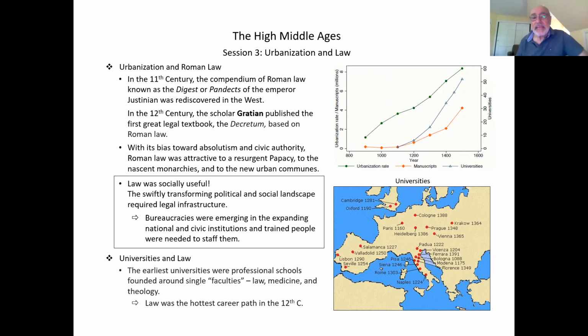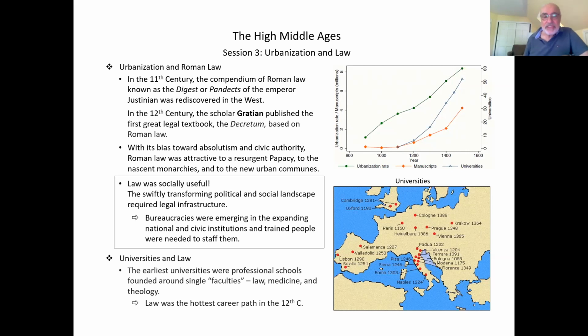So we segue from the need for law and the resurrection of Roman law very naturally into the development of universities, mainly because 80% of anyone who studied at a university in the 12th to 13th centuries was a law student. This was the new hot career.